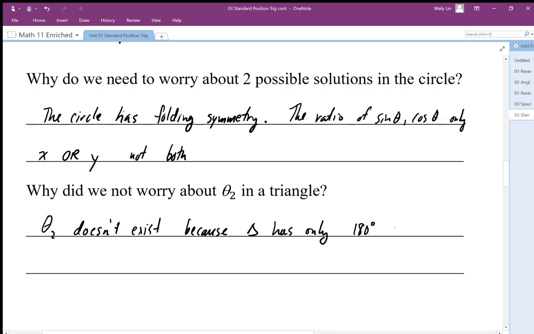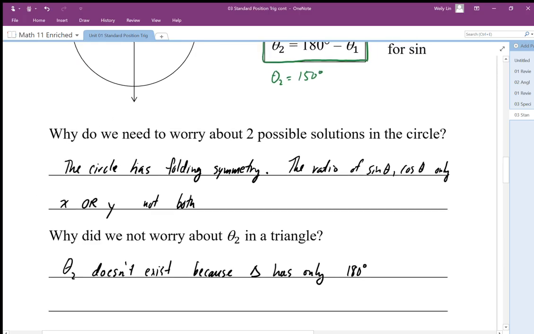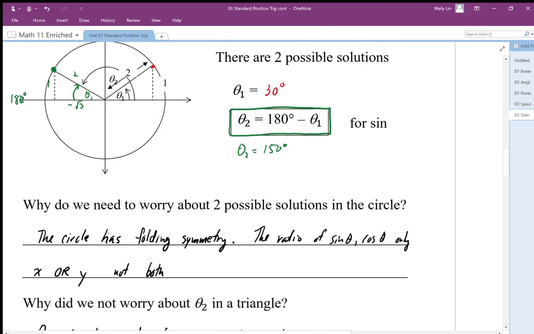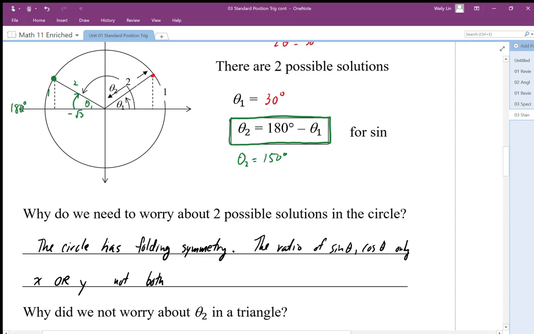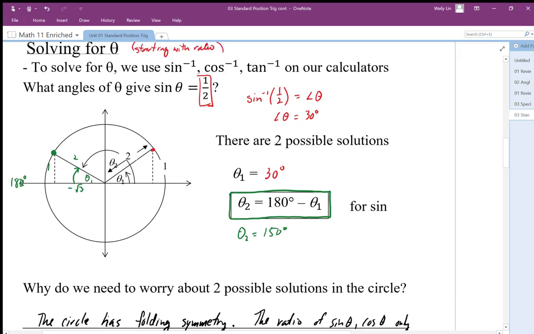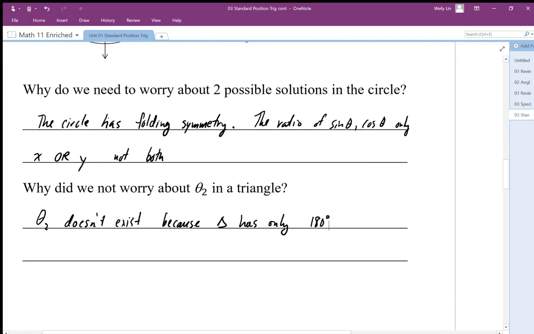If we let one of the angles be 30 and the other one be 150, the third angle would have to be 90, and remember, we're dealing with a right triangle. So this angle is impossible. It only appears because of the symmetry of the circle. The triangle doesn't have that symmetry, so we only have to worry about this when we start talking about standard position trig and dealing with angles in a circle. So this is why we've never worked with this theta 2 before.